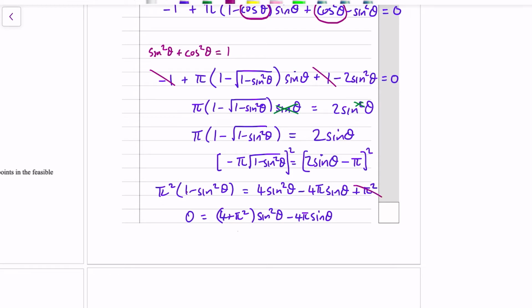Pi squared there and a pi squared there. Again, sine theta is not equal to 0, so I can divide through by sine theta or factor it out. Let's just factor it out. So I've got sine theta factored out, 4 plus pi squared times sine theta minus 4 pi.